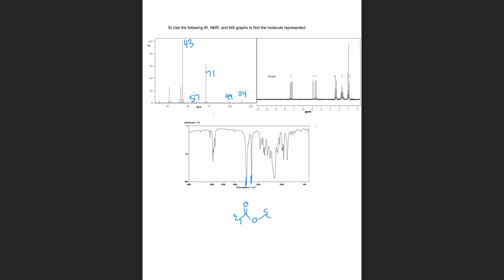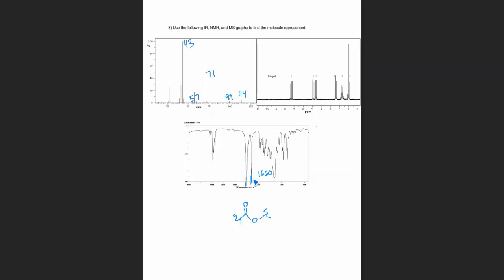This other peak that we have right over here on the right is about 1660-ish, closer to 1700.